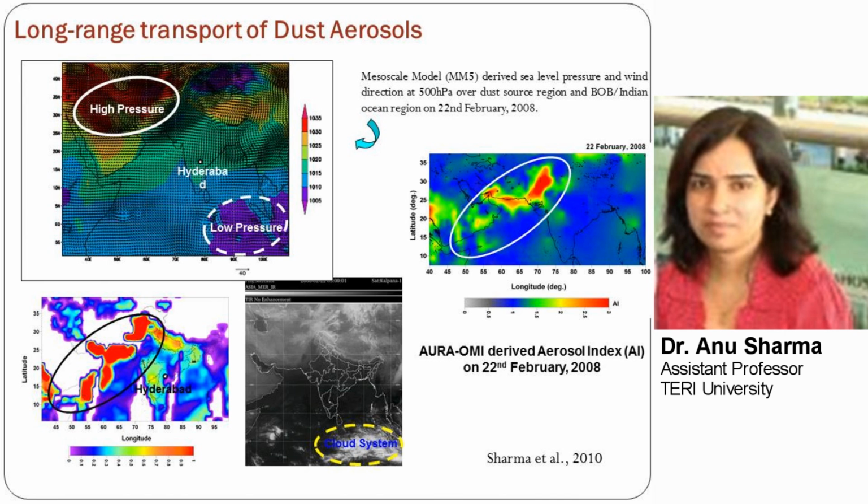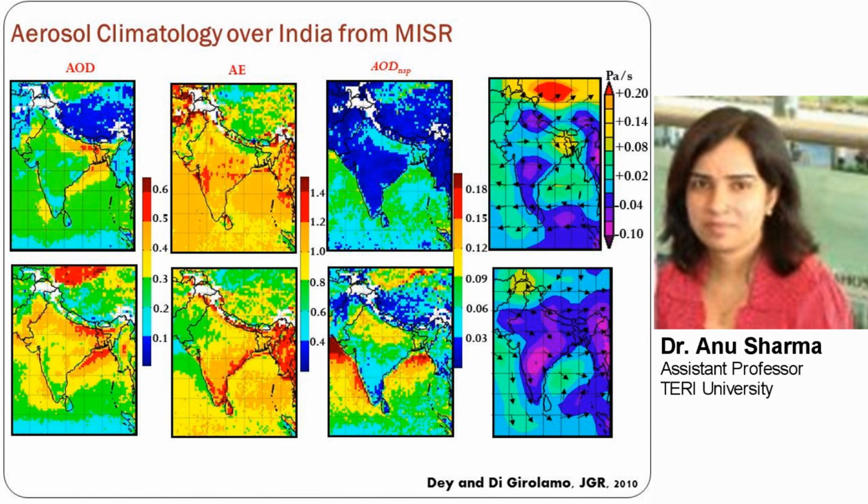Another interesting case study was done by Sagnik Dey and Di Girolamo, and this paper was published in JGR, the Journal of Geophysical Research, a very highly reputed atmospheric science journal.